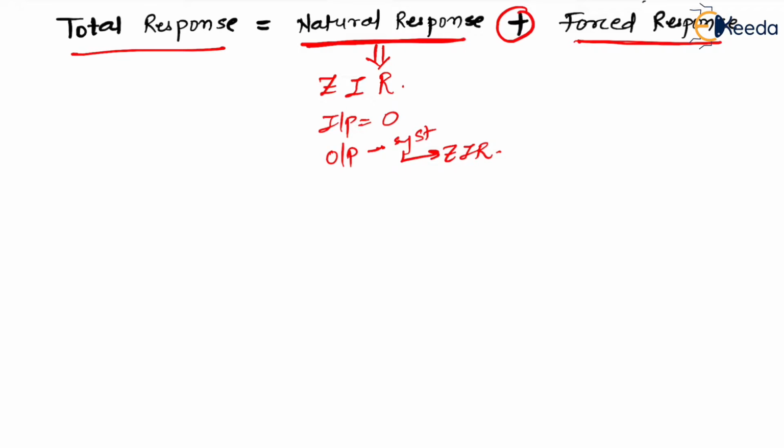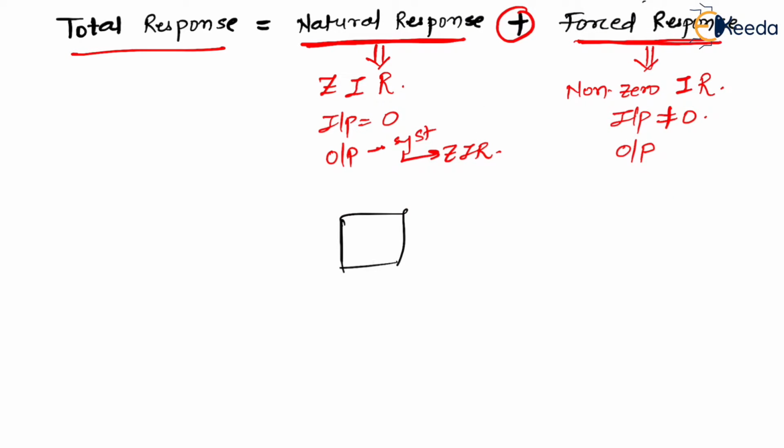Now, what is the meaning of forced response? Forced response is nothing but the non-zero input response, wherein your input is not equal to 0. For example, you have a system, you give some input, and you have an output here. Let me consider a SISO system for the time being.